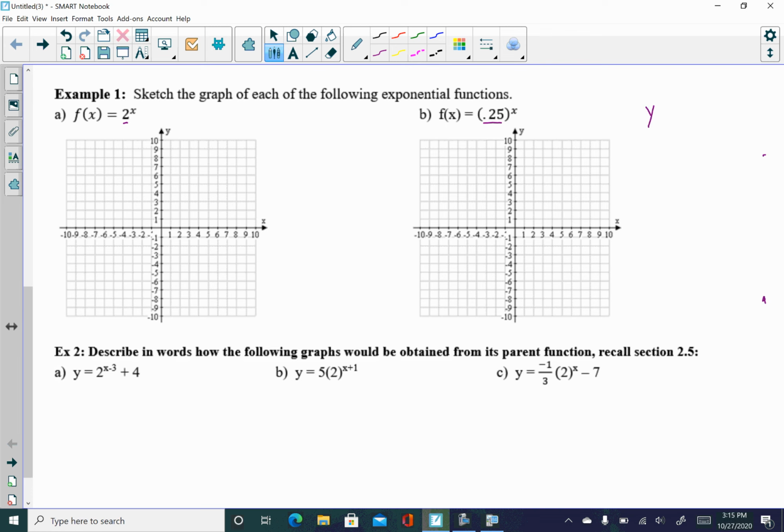So here we're looking at the function y equals 0.25 raised to the x. We make ourselves a little table of x and y, and we're going to choose x values from -2 to +2: -2, -1, 0, 1, 2.